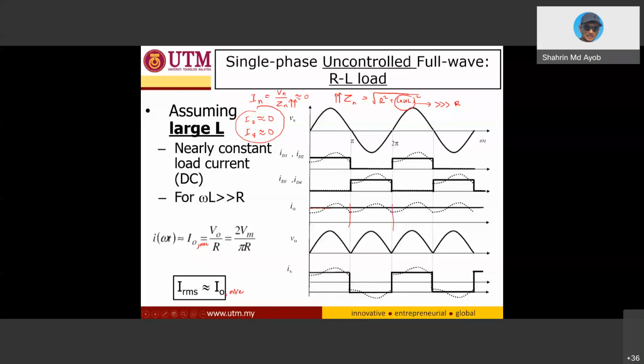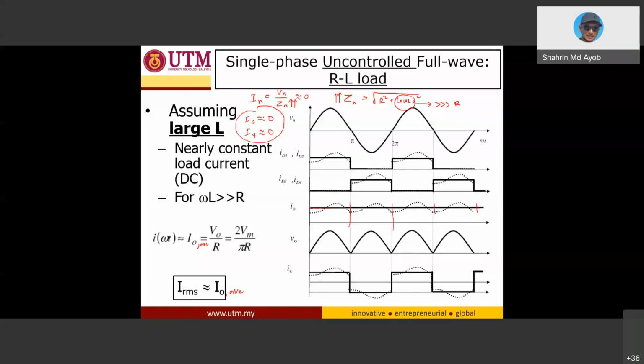In terms of analysis, if you are given this condition, the question will be very simple. So that is the case when your omega L is much larger compared to the resistor.